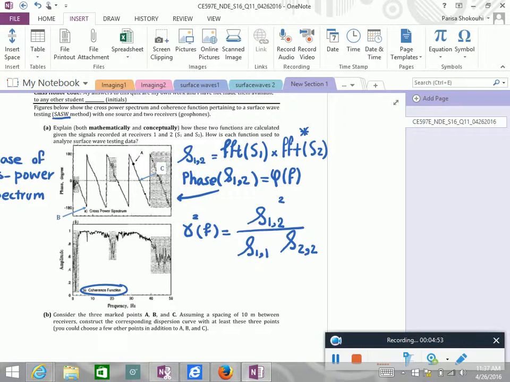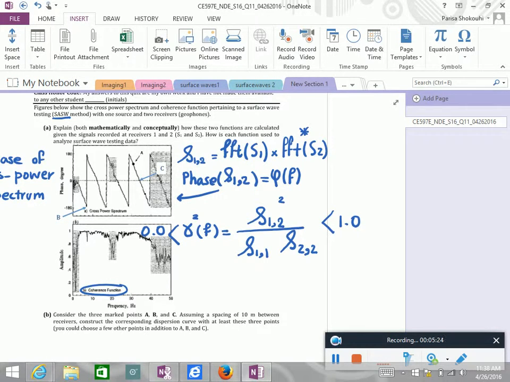Auto means simply cross-correlation of a function with itself. That means that instead of multiplying FFT of S1 by S2, I'm multiplying FFT of S1 by itself. And this is a number between 0 and 1. If the two functions are very well correlated, it becomes closer to 1. This is like cross-correlation coefficient.